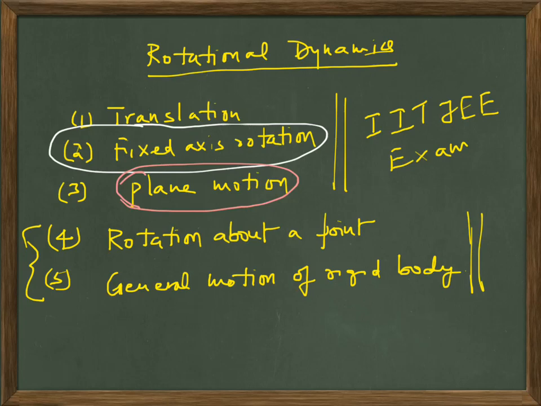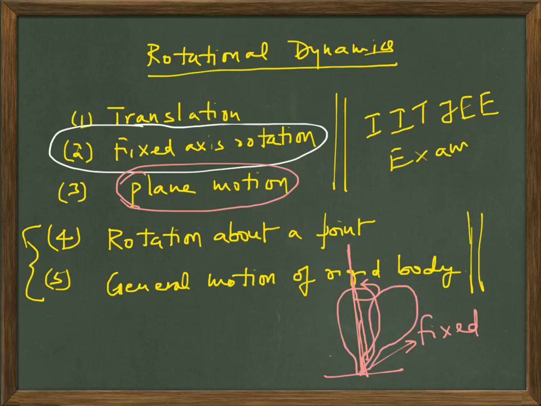For example, I can draw a top here like this. It is rotating. This bottommost point is fixed. Then the axis of the top is also not fixed, it is rotating. For example, at some point the top will be in this situation. I would like to show it with a different color.